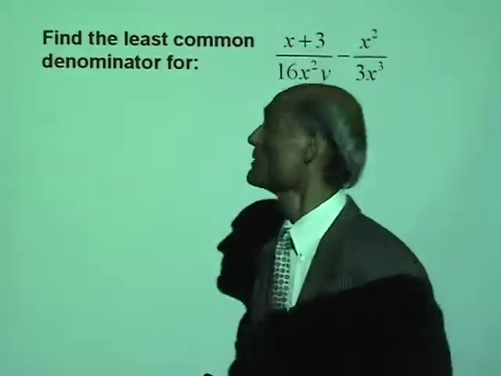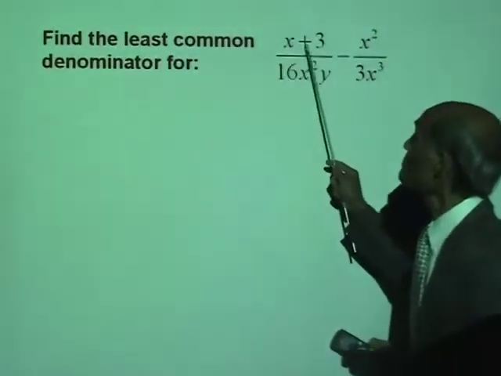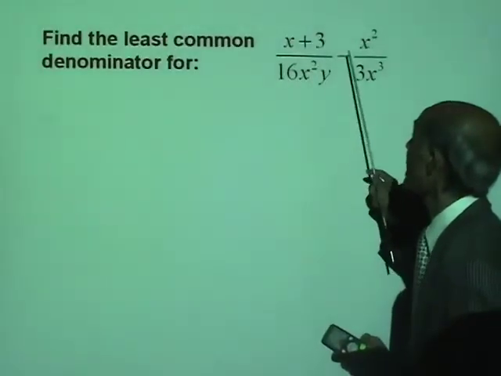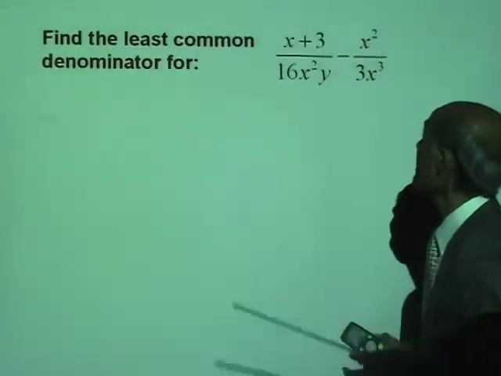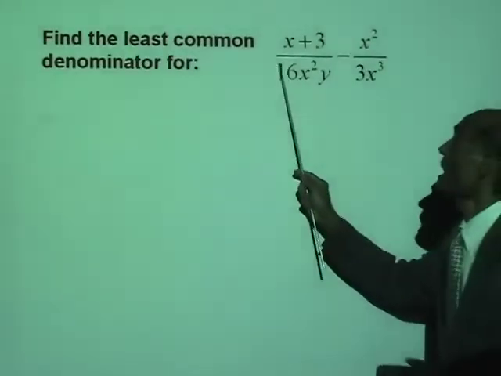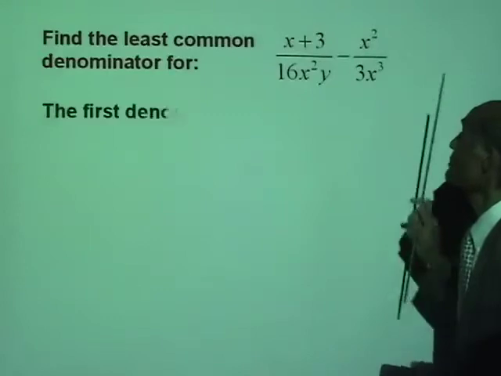Alright, let's do another one. Find the least common denominator for x plus 3 over 16 x squared y minus x squared over 3x cubed. Now, what is the lowest common denominator? Well, our first denominator is this. The second denominator is this.